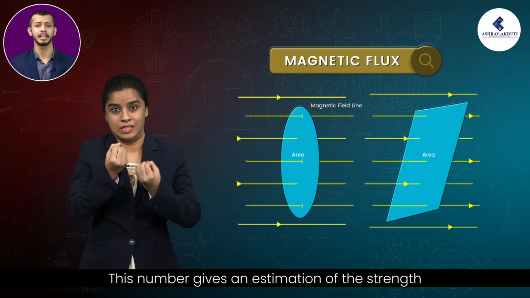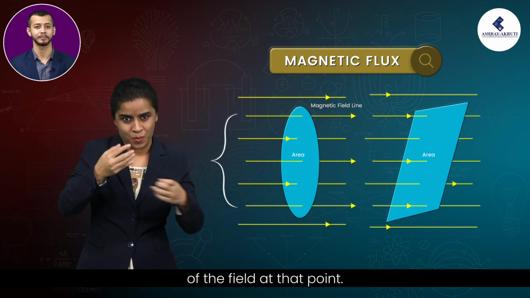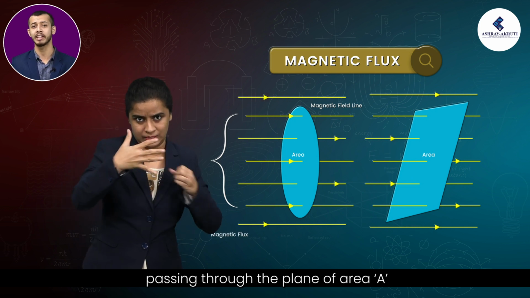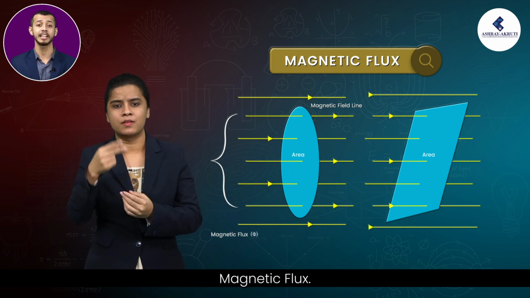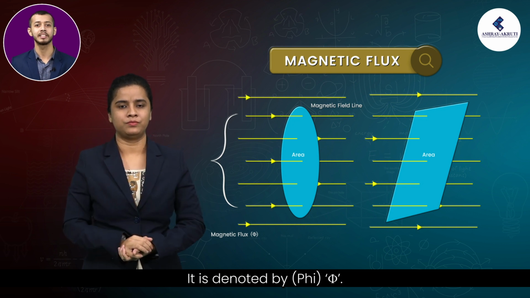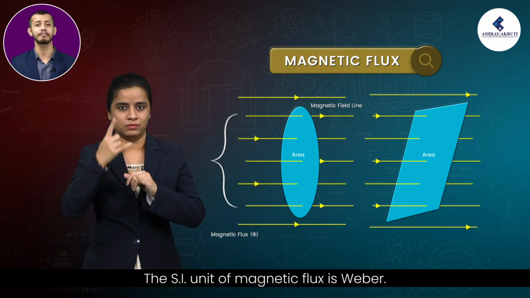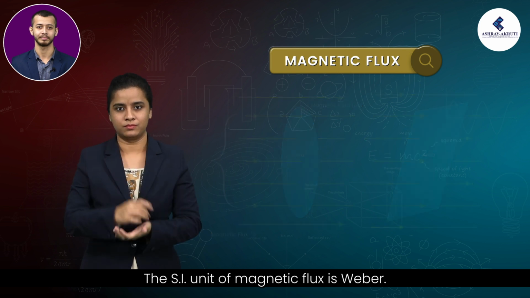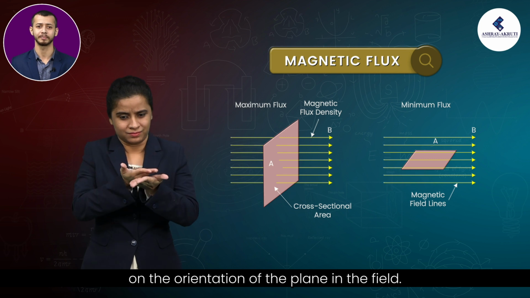This number gives an estimation of the strength of the field at that point. The number of lines passing through the plane of area A perpendicular to the field is called magnetic flux. It is denoted by phi. The SI unit of magnetic flux is Weber. Flux depends on the orientation of the plane in the field.